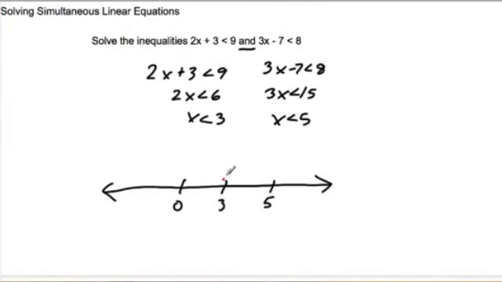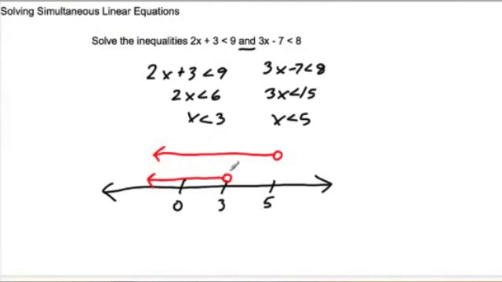I'm going to take my empty dot, because 3 is not part of my solution, and it goes this way. Then I have my empty dot at 5 because 5 is not part of the solution, to represent x is less than 5. Now what we'll see is that x satisfies x is less than 3 and x is less than 5. We find the common part of both solutions.